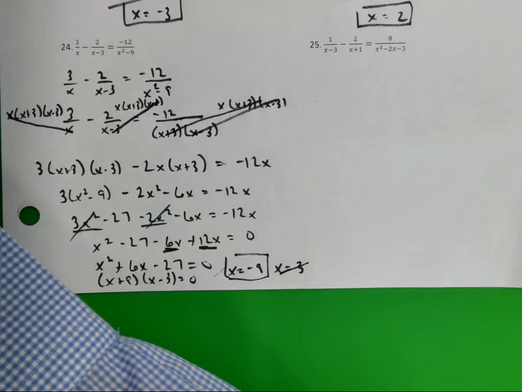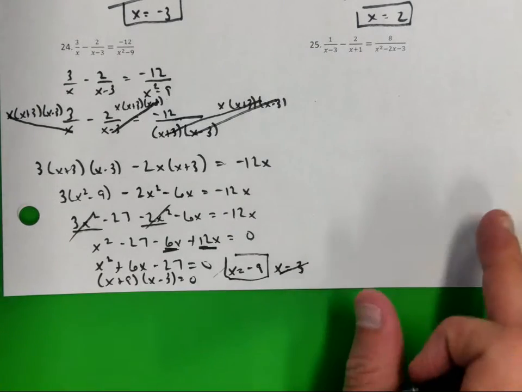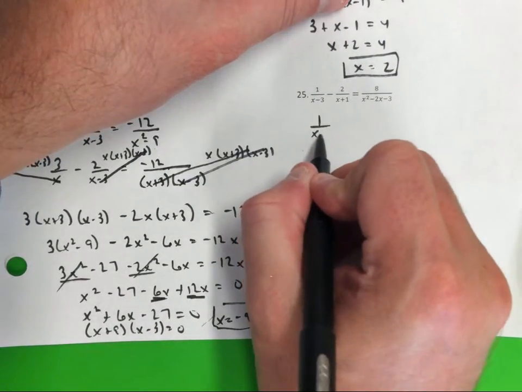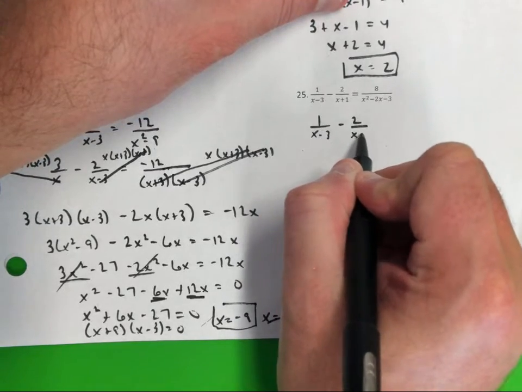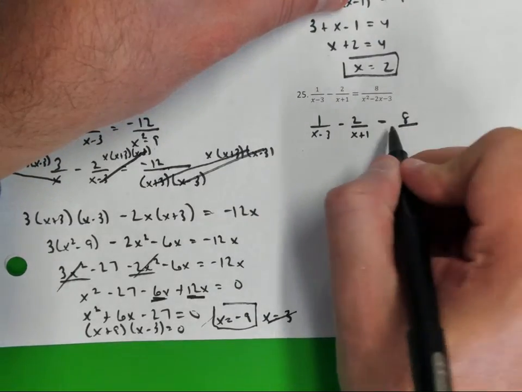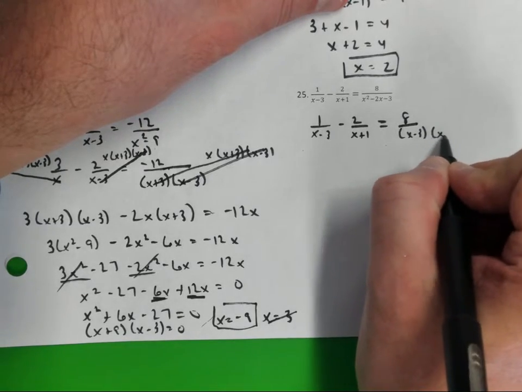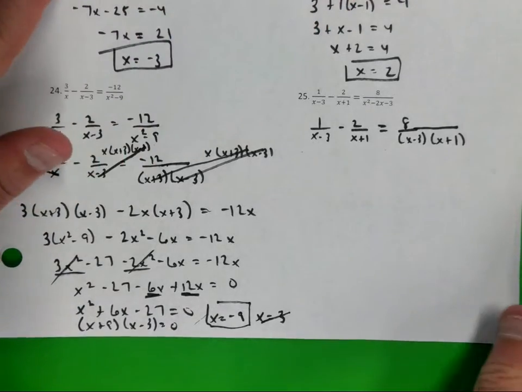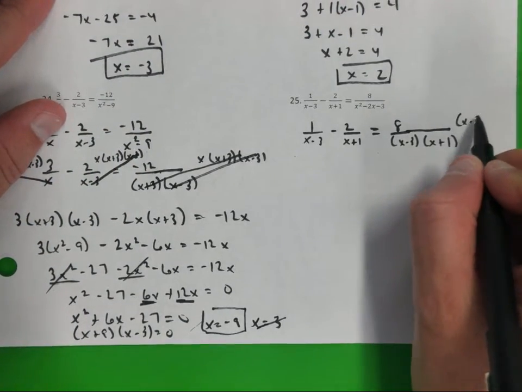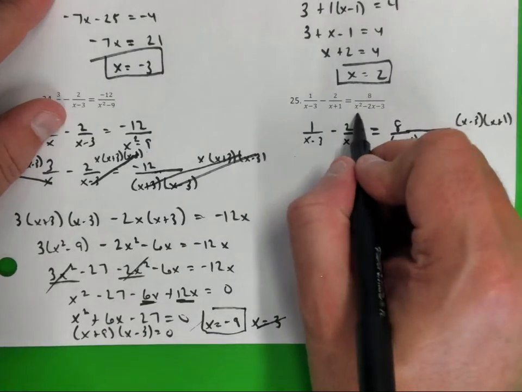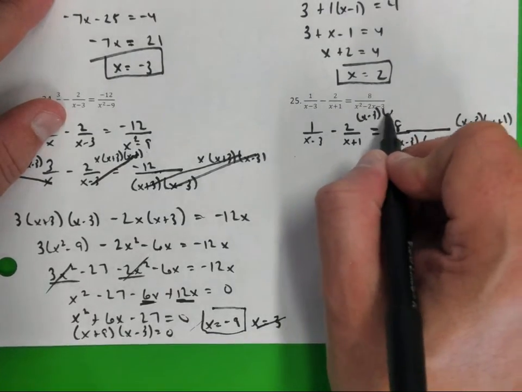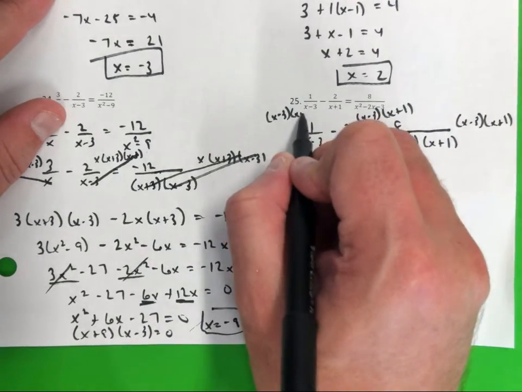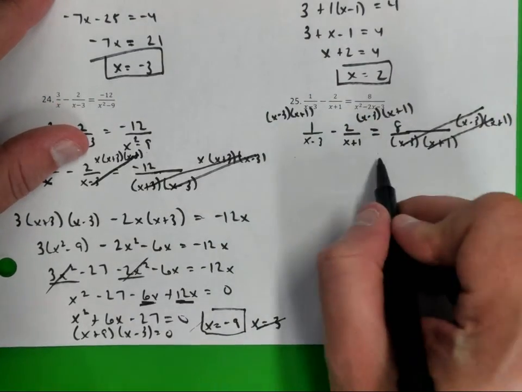All right, number 25. Can I factor anything? Yes, I can factor this last part. So x minus 3 minus 2 over x plus 1 equals... what would be my common denominator? That's what I'm going to multiply everything by. Those cancel out.